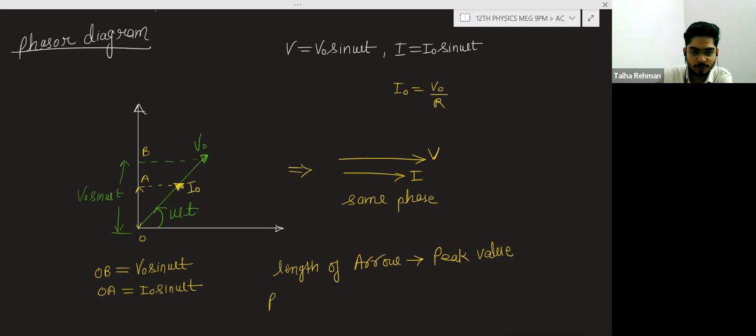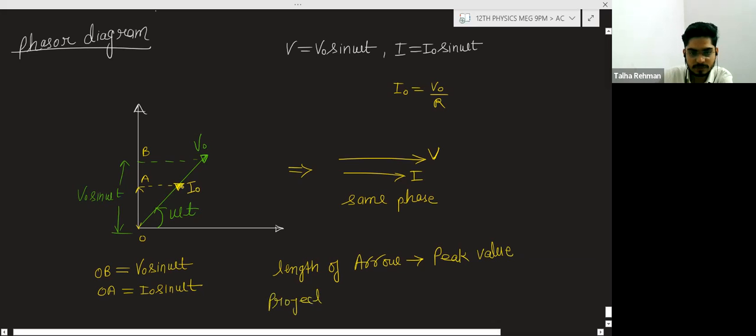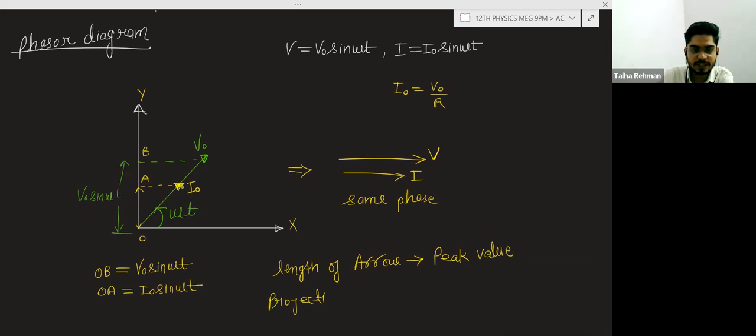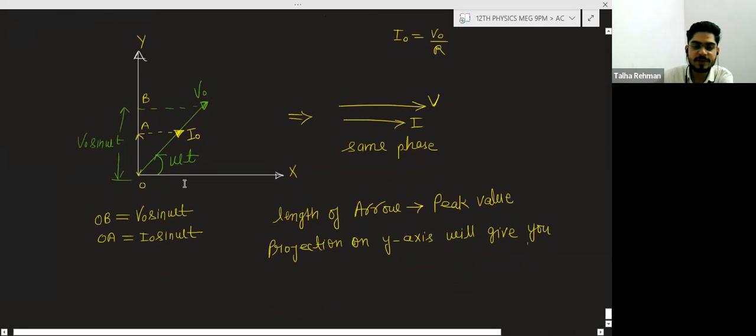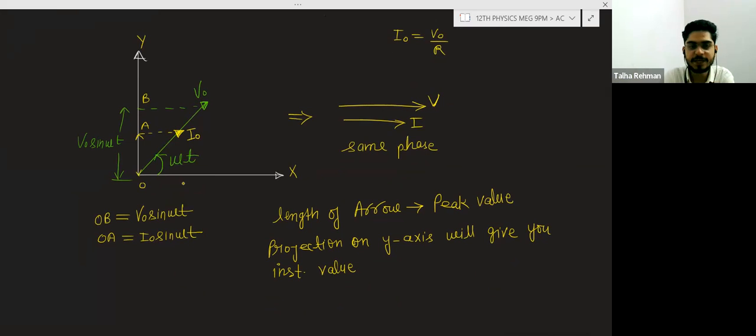And you can write here: projection on the y-axis, suppose this is your y-axis and this is your x-axis, will give you the instantaneous value of either current or voltage, depending on which one you are taking the projection of.